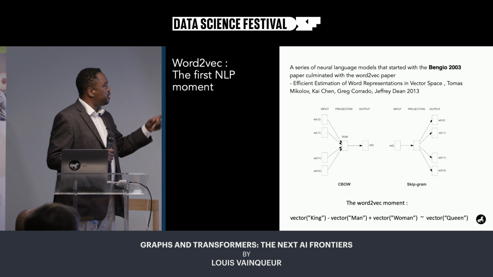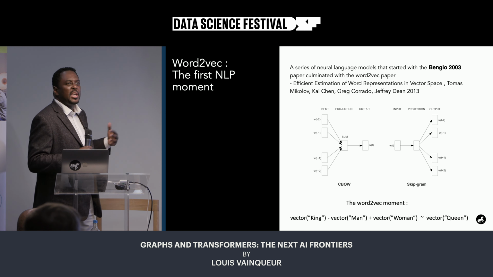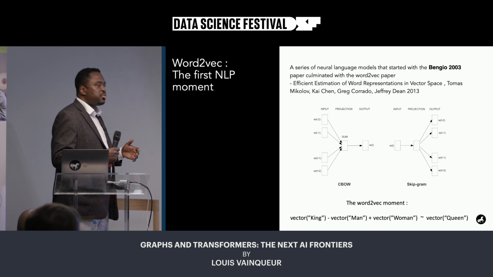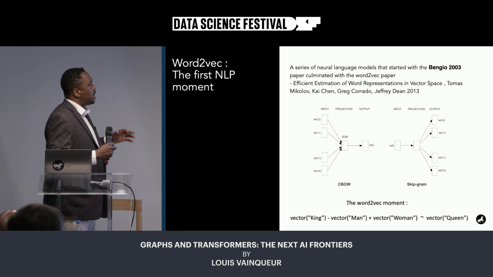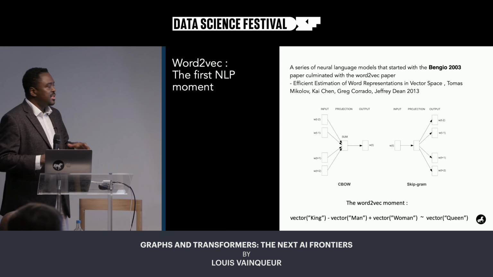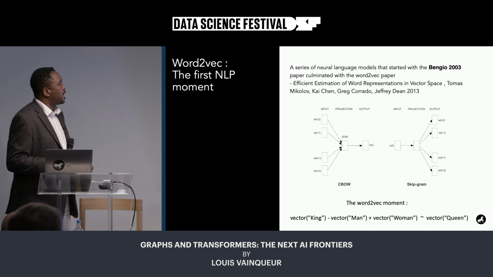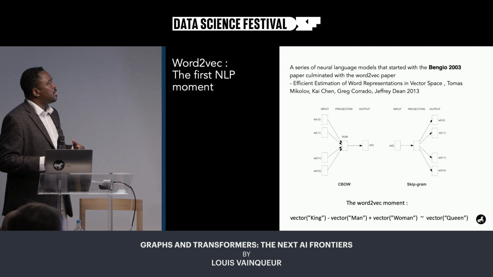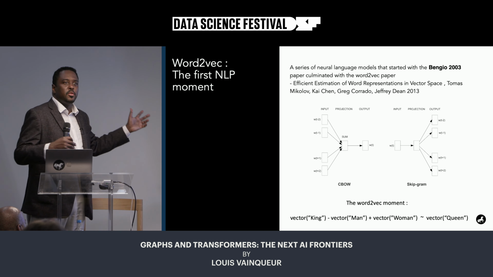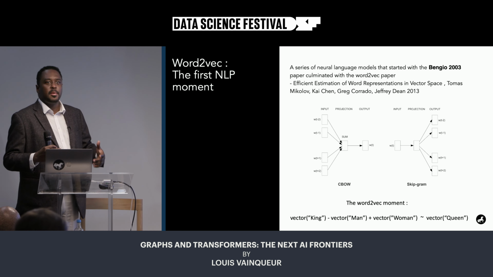Word2Vec, someone mentioned Word2Vec. That was the second model that really had a big impact on the computational linguistic field. What it was trying to do is predict a word based on its context, and that's what we've just described. What really shocked me back then when that paper was published was that you could start doing actual mathematics on it.